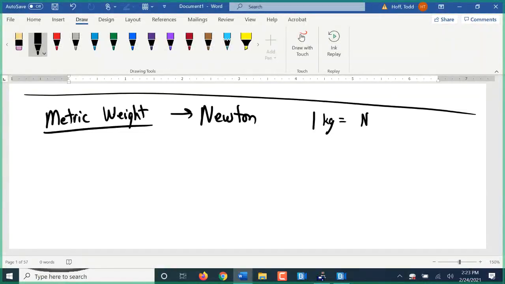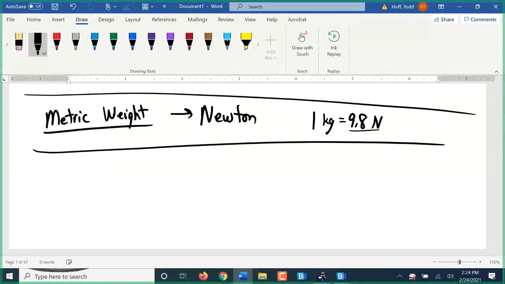So the Newton is actually a fairly small unit of force. Much smaller than a pound, to be honest.